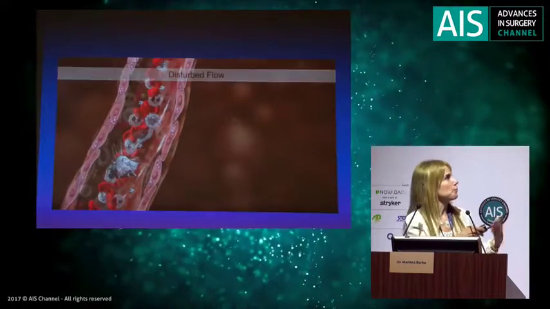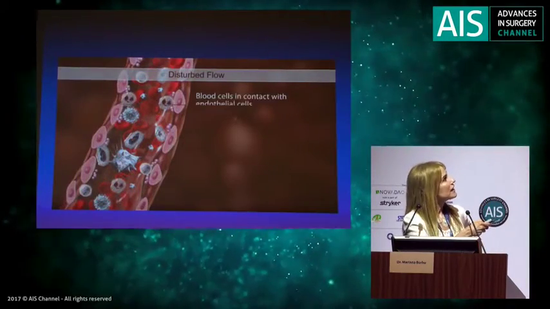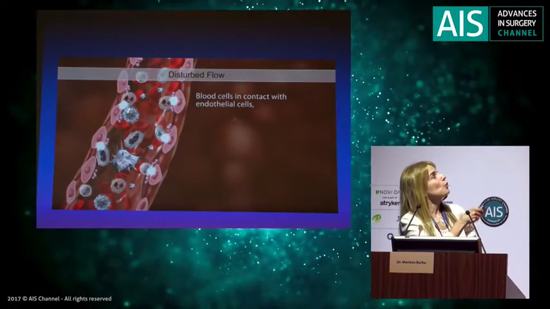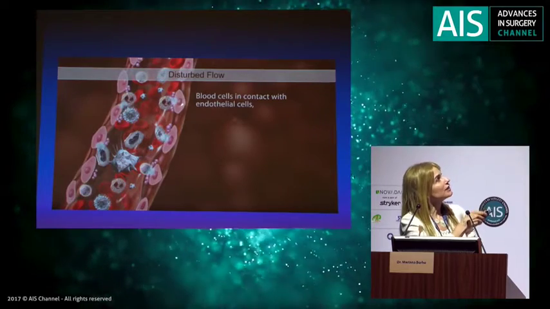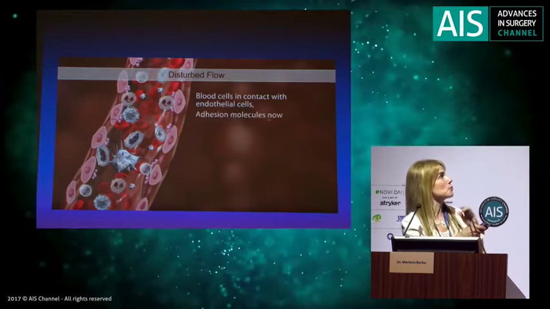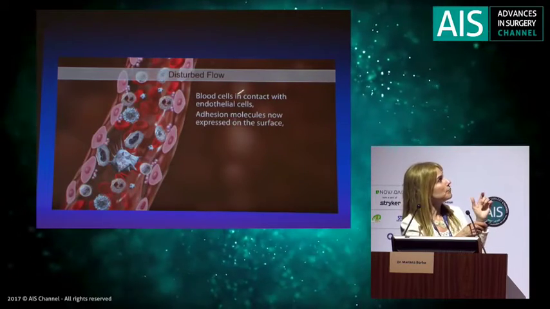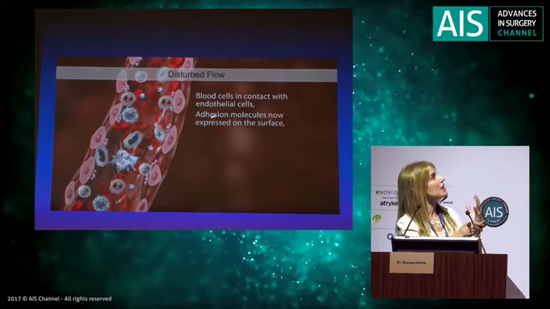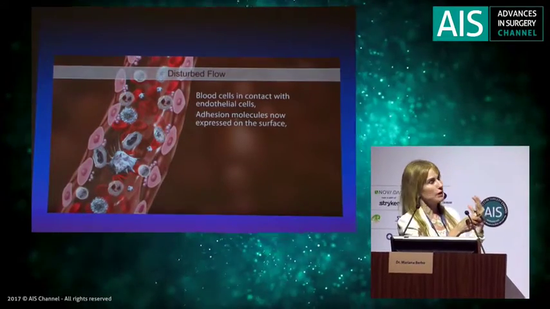It doesn't matter which part of the body. Immediately we're going to have this disturbed flow where the cells get in contact with the endothelial cells. And the endothelial cells don't like this one bit. So those adhesion molecules are going to come to the surface. Why is this so important?